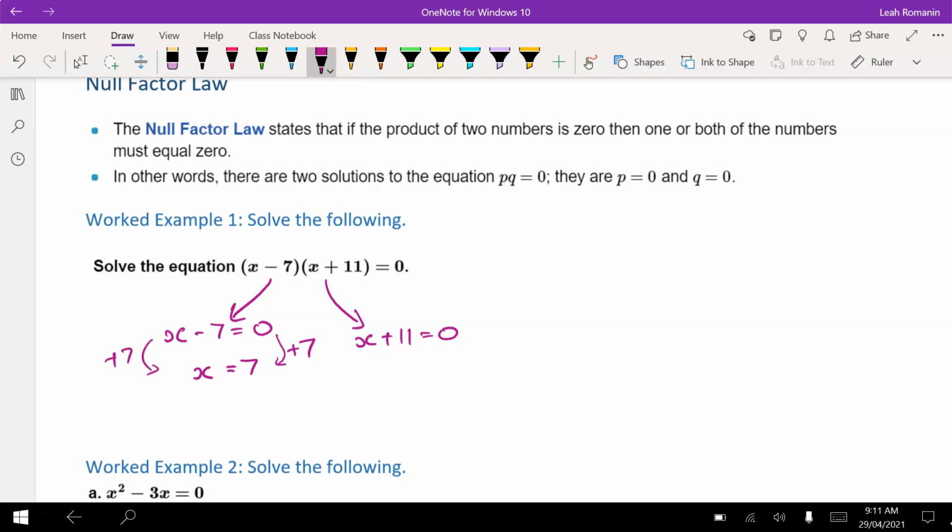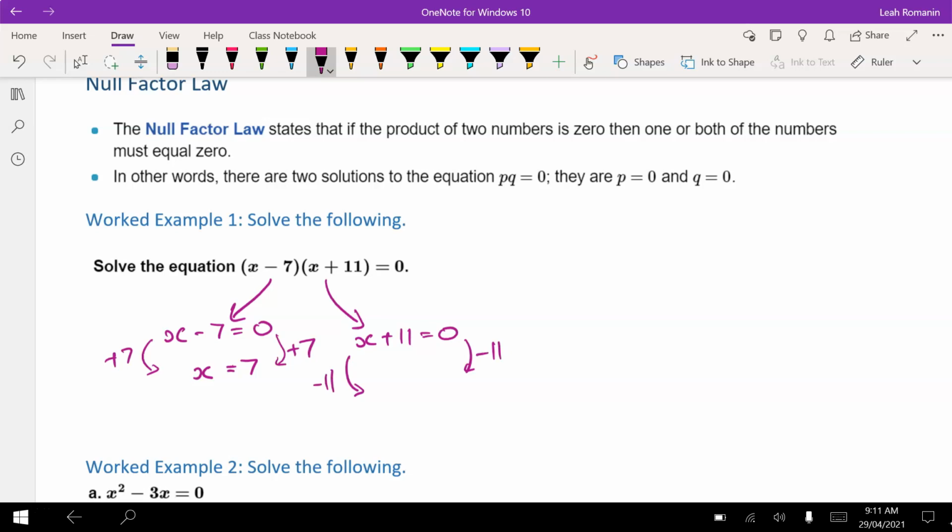But I can also have a different solution. With quadratics, more often than not, we have two solutions. Sometimes you can have one, sometimes you can have none. But for this particular equation, we have two. So looking at my x plus 11, what am I going to be doing to both sides to get x by itself? Take away 11. Good.